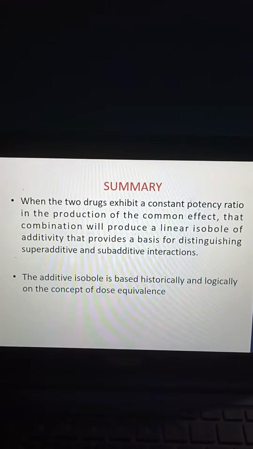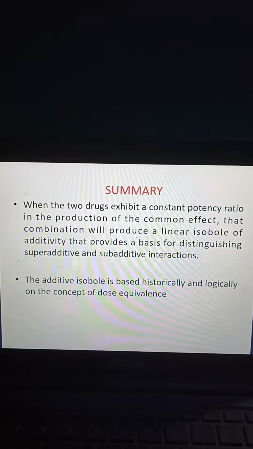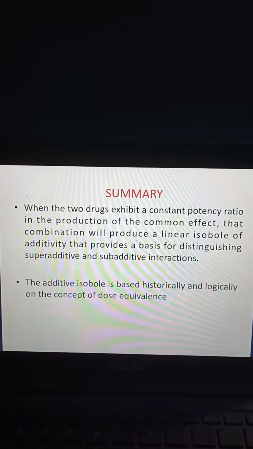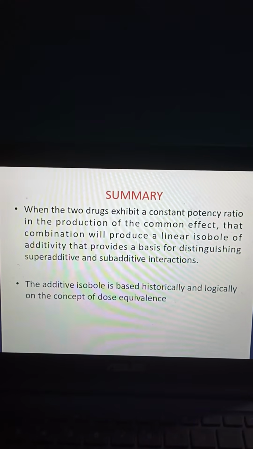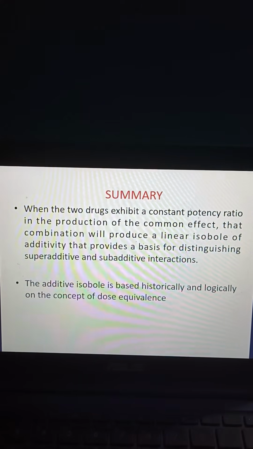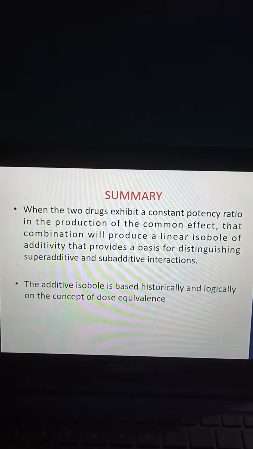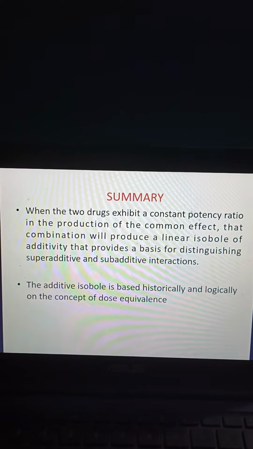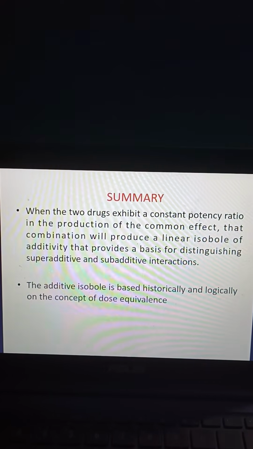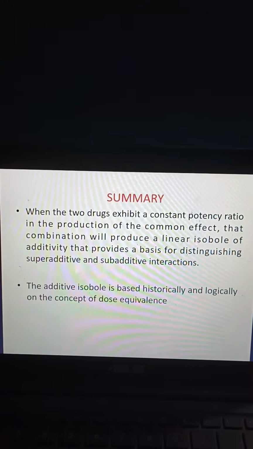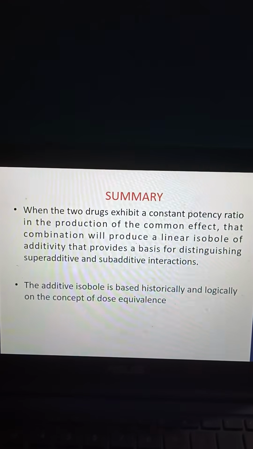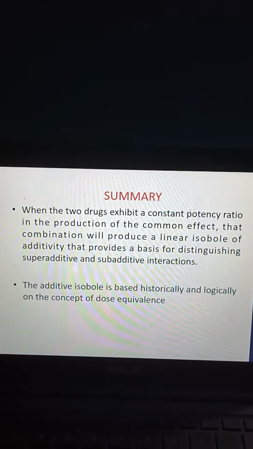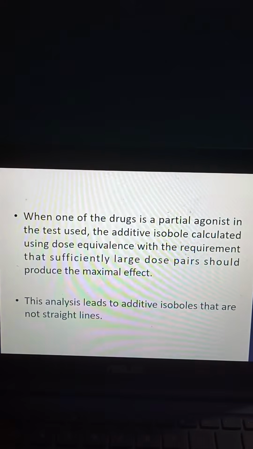So coming to the summary, when the two drugs exhibit a constant potency ratio in the production of the common effect, that combination will produce a linear isobol of additivity that provides a basis for distinguishing super-additive and sub-additive interactions. So the additive isobol is based historically and logically on the concept of dose equivalence.